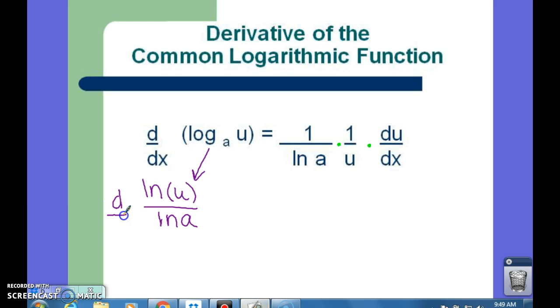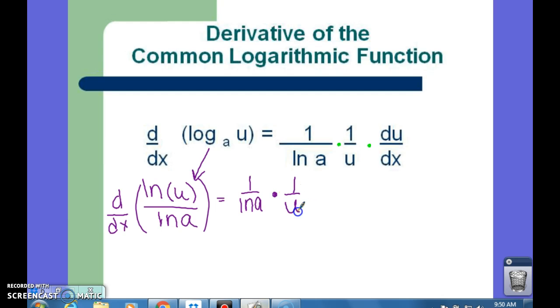Well, if you took the derivative of this, A is never a function. A is always a constant, right? So that's like saying 1 over natural log of A, where that's a constant, times the derivative of natural log of u. But what do we know about the derivative of natural log of u?